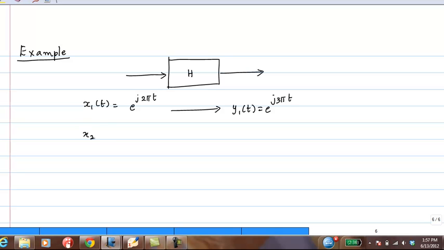And suppose I also know that when the input is e to the negative j 2 pi t, the output is e to the negative j 3 pi t.